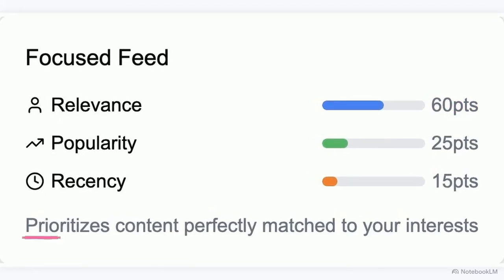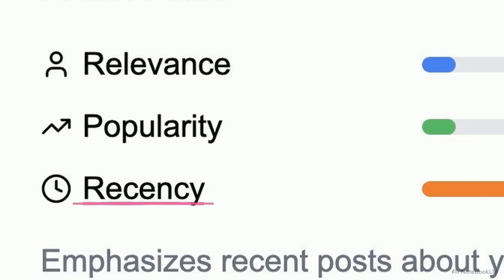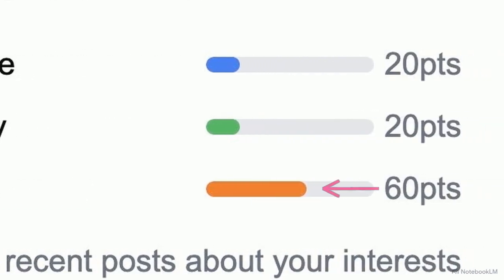A feed perfectly matching your interests quickly feels stale, repetitive, and devoid of surprises. Alternatively, this fresh setup assigns its majority weight to recency, prioritizing the newest posts. Indexing heavily on recency provides up-to-the-minute content, but sacrifices quality. You must sift through unverified, low-effort reactions rather than thoughtful posts that take time to surface.